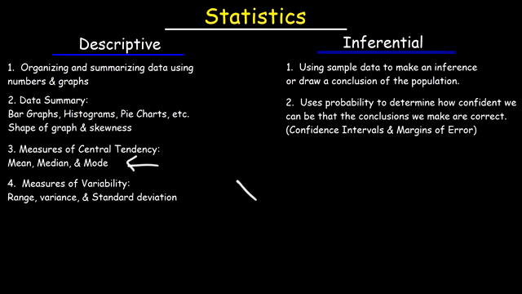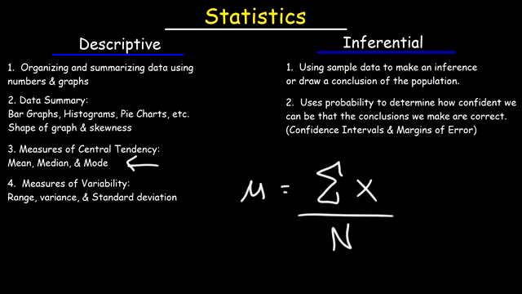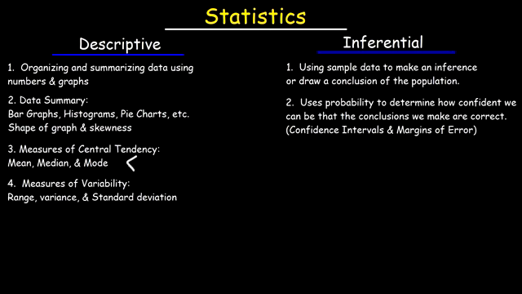The second is the population mean, which is also the sum divided by the number of data items in the population. And the mean is basically the average. The median is the middle number of a data set, and the mode is basically the number that occurs most frequently. So that's another way you could describe your data, using those types of numbers. You can also describe it in terms of range, variance, and standard deviation.